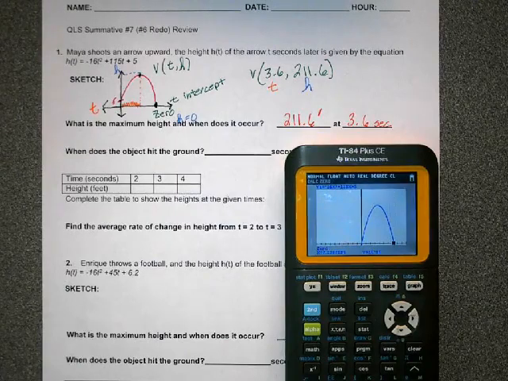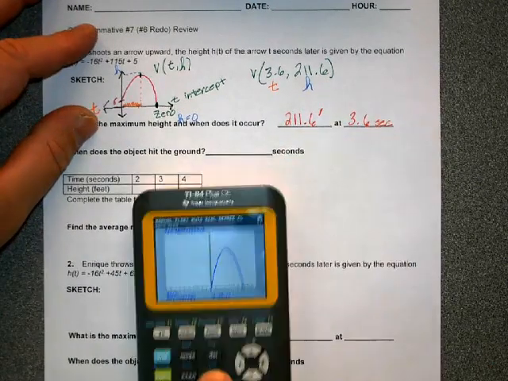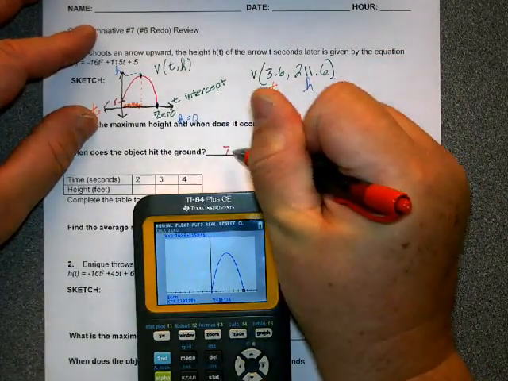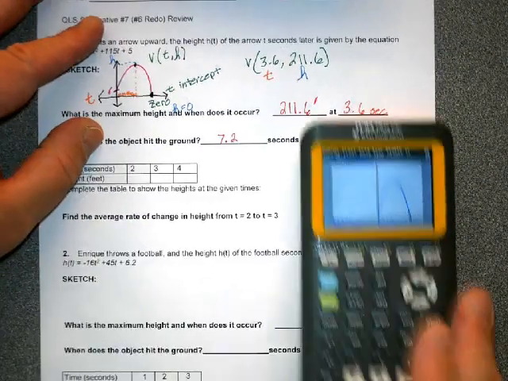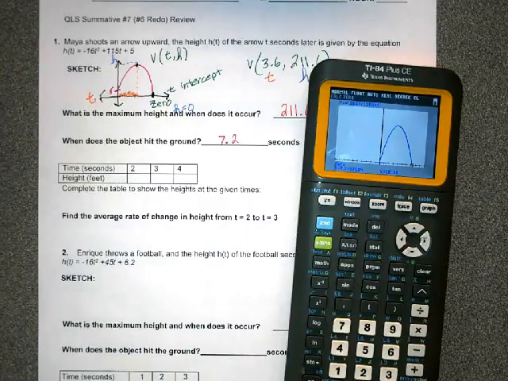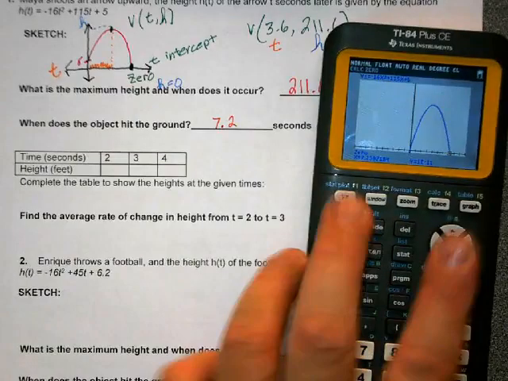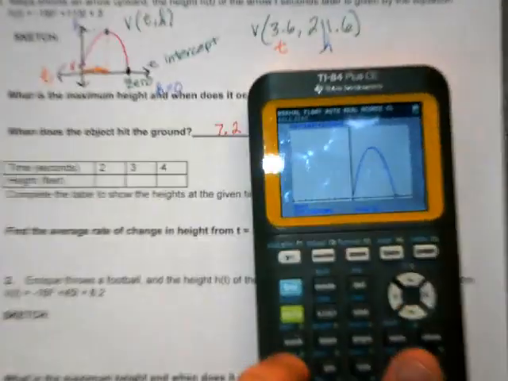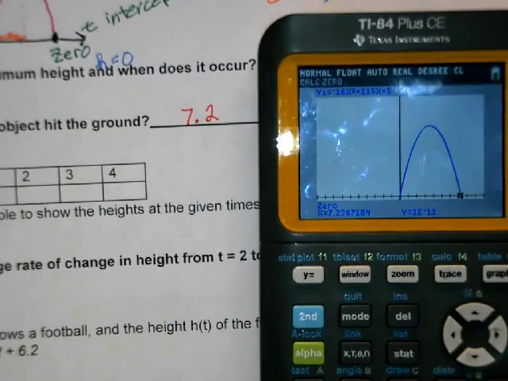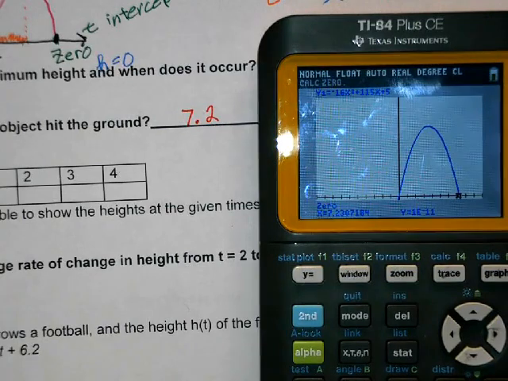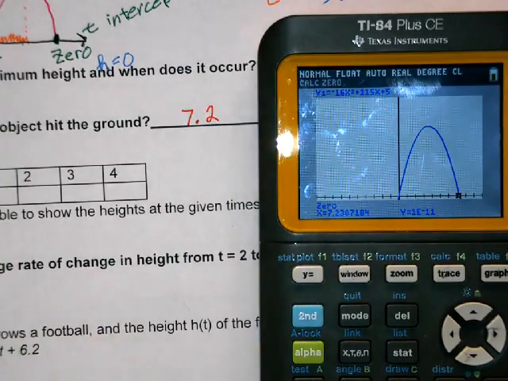And I get 7.2 is my x, or t, so 7.2 seconds. And you guys see that little, let me zoom in on this. Yeah, it's got that weird y equal 1e to the negative 11. Well, that's your calculator saying y is 0.